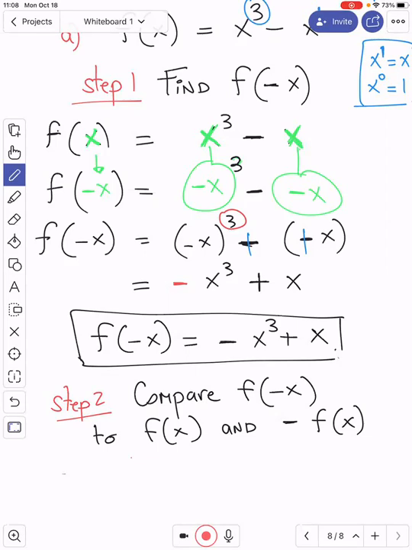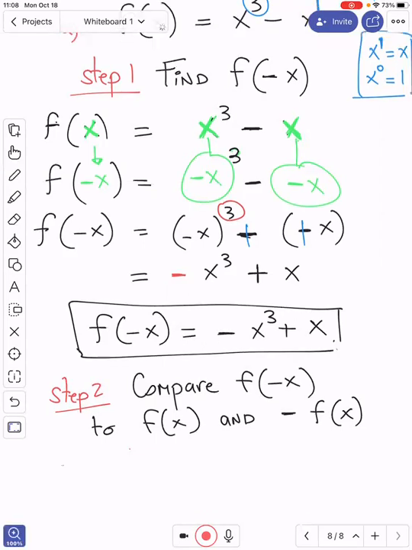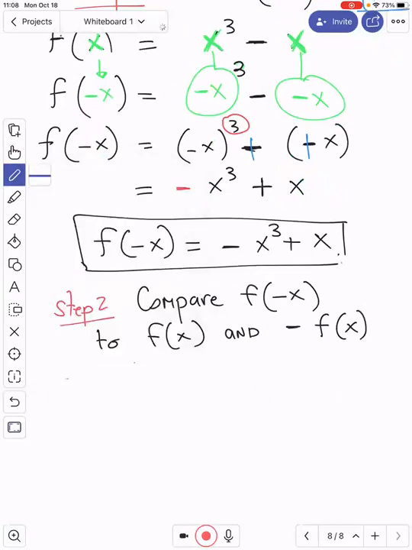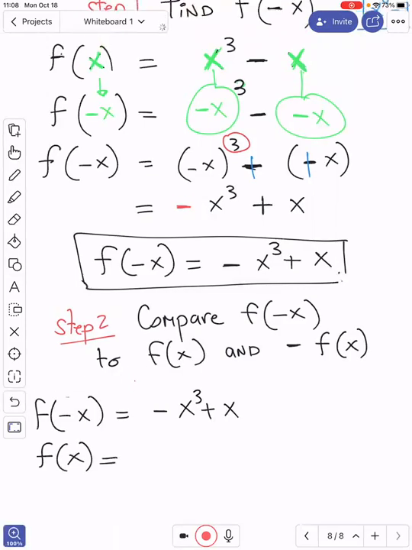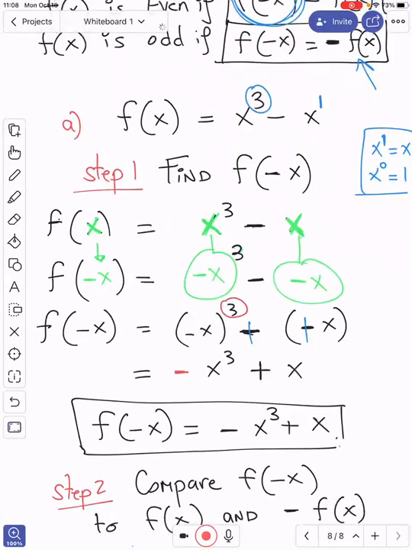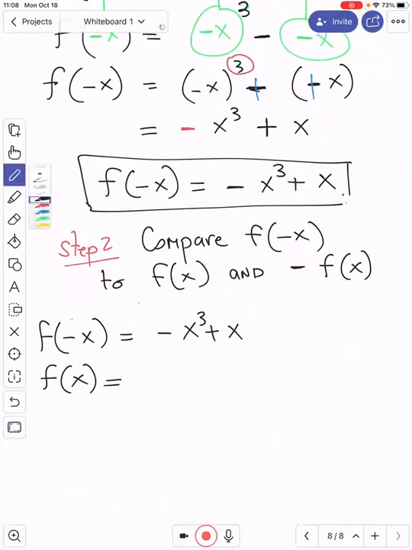So let's compare. My f of minus x, from the first step, is minus x cubed plus x. What's f of x? This is just my original function, which is x cubed minus x.